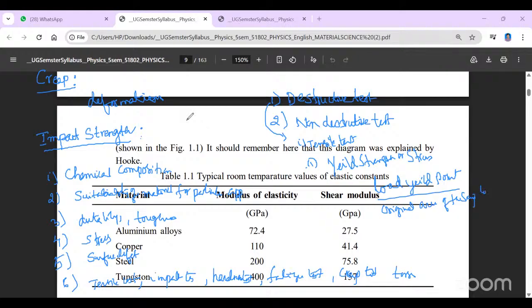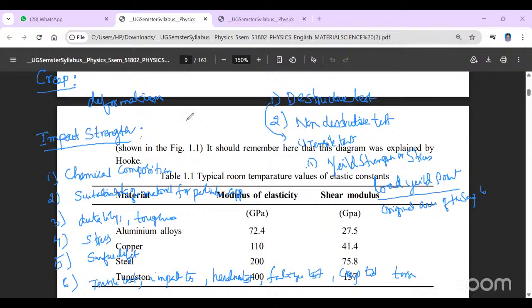We also have the ultimate tensile stress, which is nothing but the maximum load, the ultimate load, divided by the original area of the specimen. We can calculate the percentage of elongation in length, as well as the percentage of reduction in area, which we have already discussed.